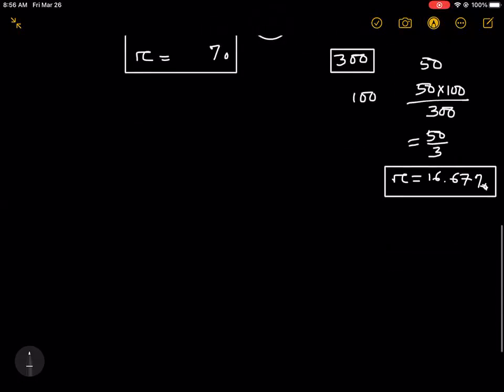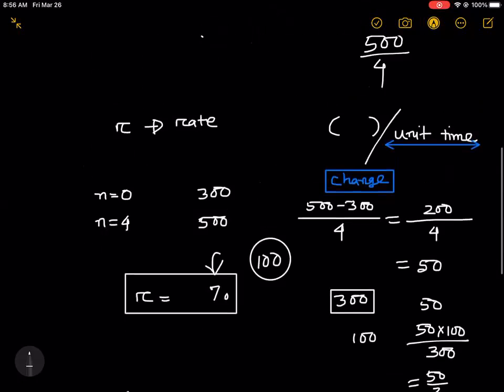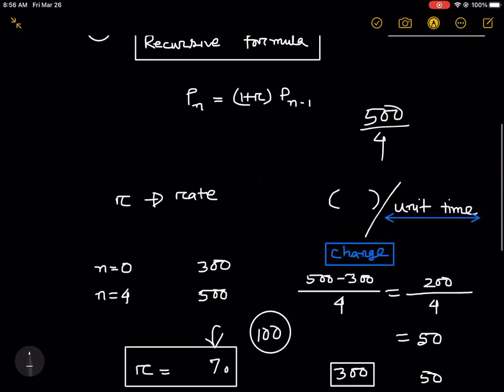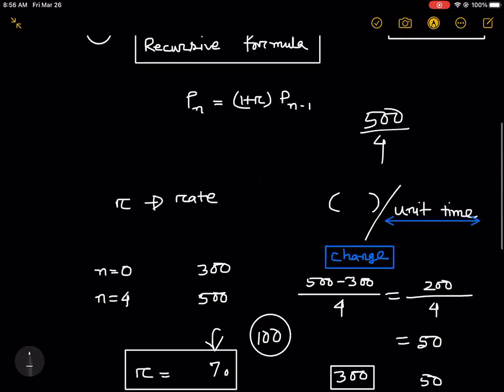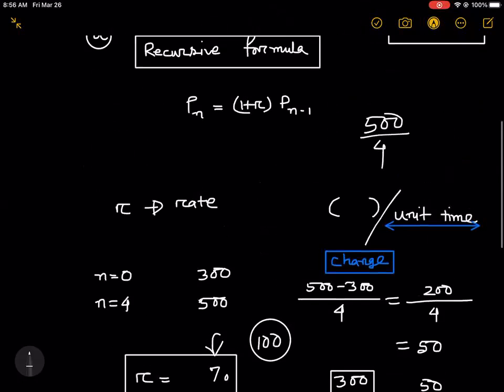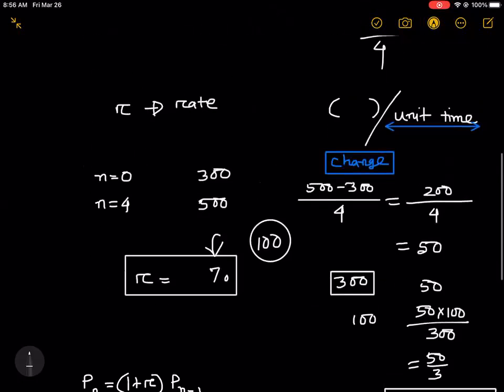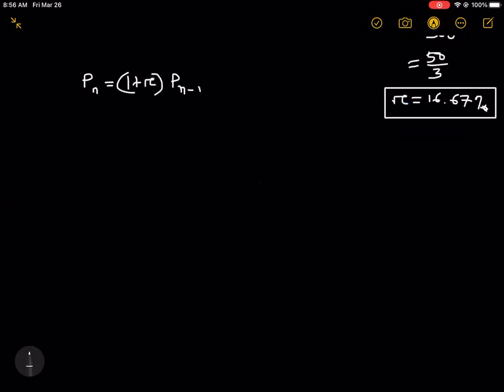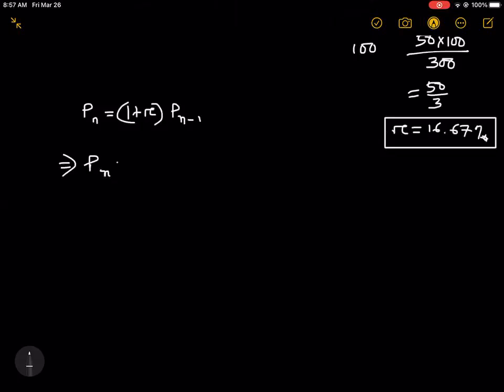Now we know that the formula is Pn equals 1 plus R times Pn minus 1, if I'm not wrong. Yeah. So for this problem, our formula will look like, Pn is 1 plus R in decimals, which would be 0.1667.